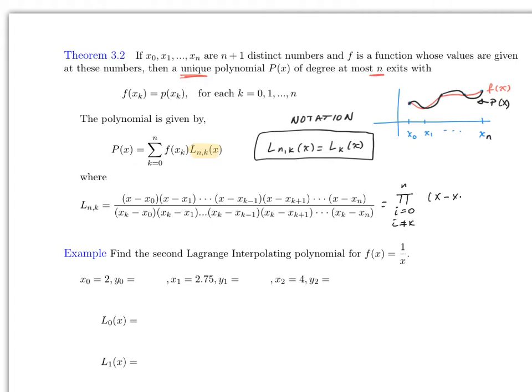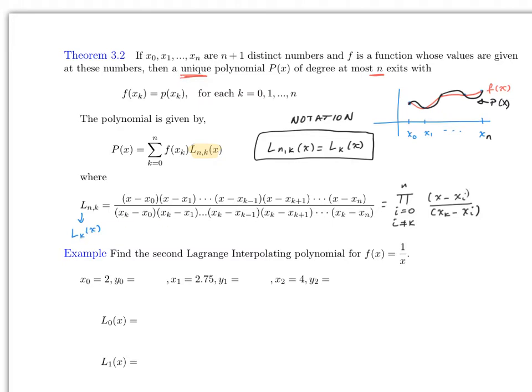This is x minus xi divided by xk minus xi. Now, before we do the example, notice that since this is equal to just Lk of x, this is implying automatically that this has to be a function of x. So this is k.